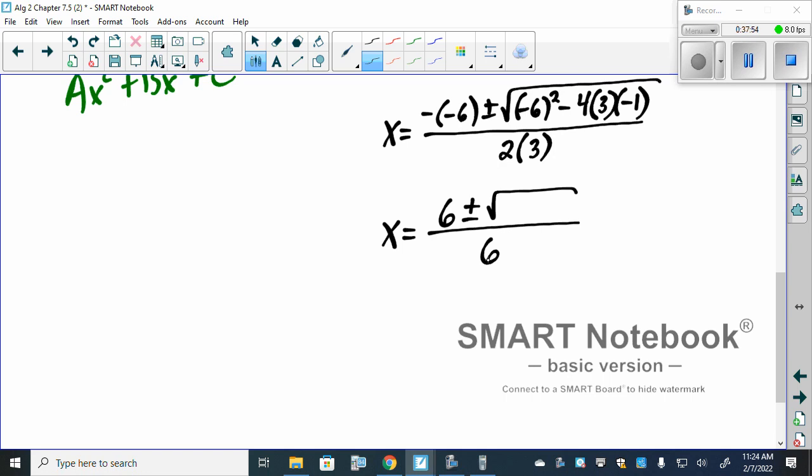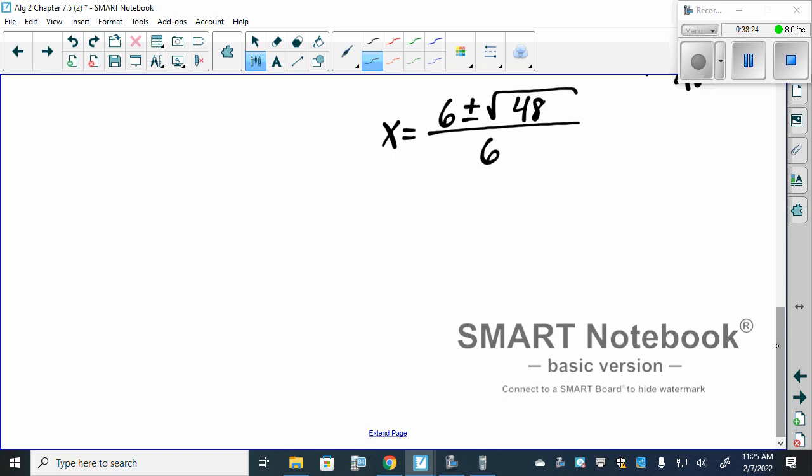Well, no, because if it did, then this would actually have factored. So I would plug everything inside the radical into the calculator first without the radical. Negative 6 squared is 36 minus, well, 4 times 3 is 12, times negative 1 is negative 12. It actually would give us 36 plus 12, so what goes inside the radical is going to be 48.